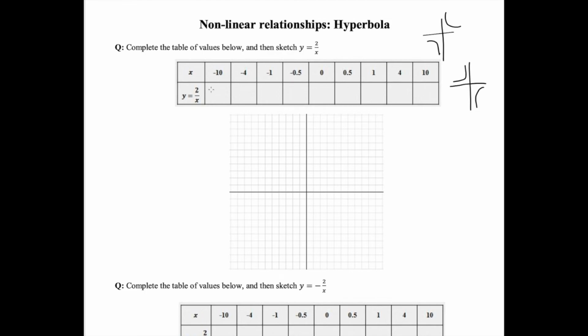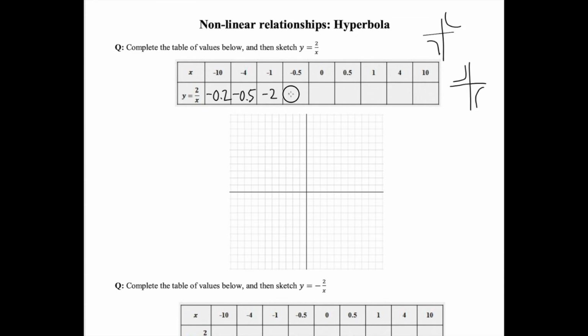So to get the value here, you do 2 divided by minus 10 and you get minus 0.2. Then for minus 4, you do 2 divided by minus 4 and you get minus 0.5 and so on. I'm just going to write out the values.